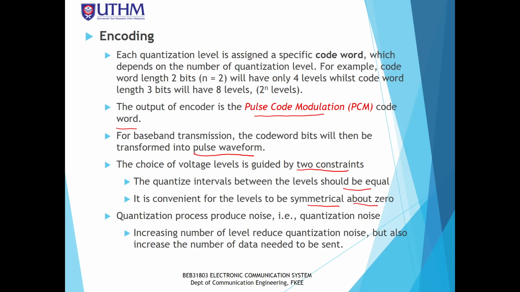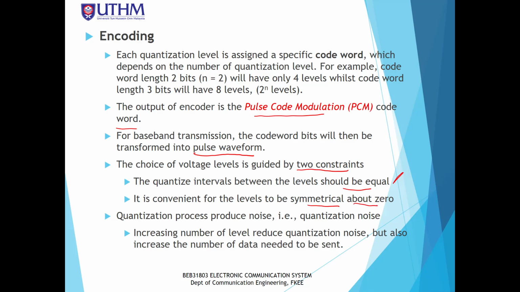Okay, so kita ada 2 constraint. So the interval should be equal, interval antara 1 and 0 should be equal. Okay, and the interval antara one symbol and another symbol must be equal, and then the level must be symmetry at 0. Okay, 0 will be the center.